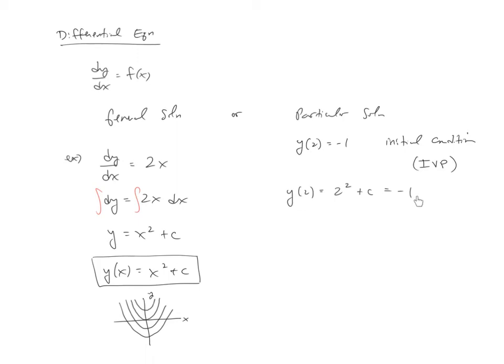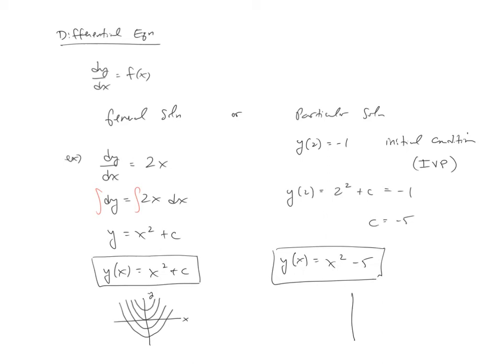So if I solve this now for c, that's a 4. If I subtract it over, my c value here would equal -5. So now y of x equaling x squared minus 5, that's going to be my particular solution.